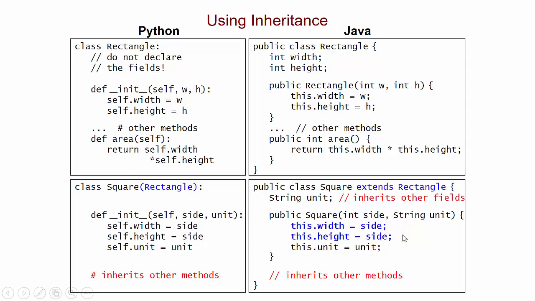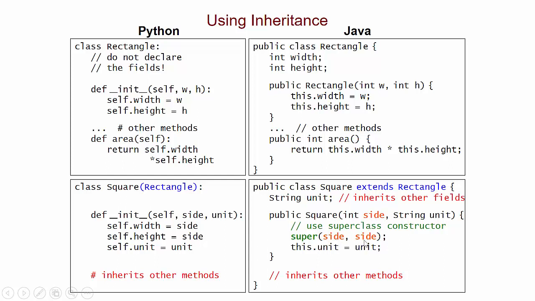But another way we can also initialize the inherited fields is by calling the constructor in the superclass and letting it do the work. And so what it looks like in Java is, rather than having these two assignments, we're instead going to use the keyword super as a method name, and that calls the constructor in the superclass. And because it takes 2 integers, we're going to pass in 2 integers, and we're passing in that side value that was passed in to the square constructor.